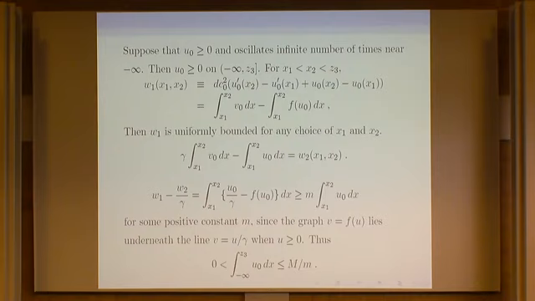Actually, they are in C infinity now, and we can get a uniform bound on u together with all its derivatives. Therefore, this quantity is independent of the choice of x1 and x2, so it is uniformly bounded for any choice. Similarly, you can look at this function, which is also uniformly bounded. Therefore, you take the difference of them, which is equal to this integral.